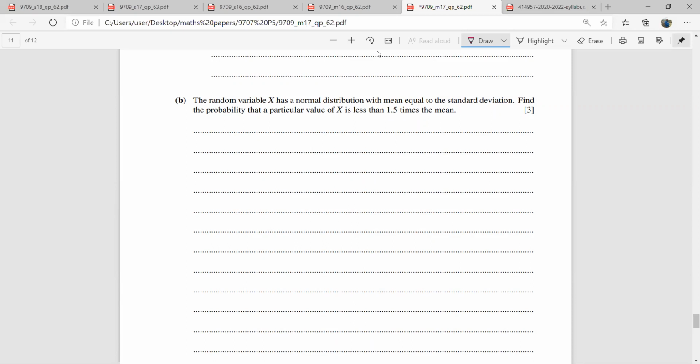So we have a distribution here where the mean is equal to the standard deviation. Let me take the mean as k, so the standard deviation is also k. So our mu is k and our standard deviation is also k, so the variance would be k squared. That is what I have written here.